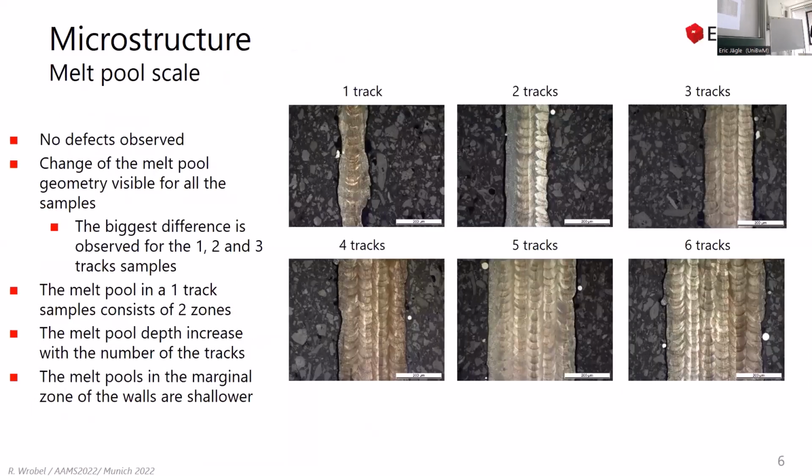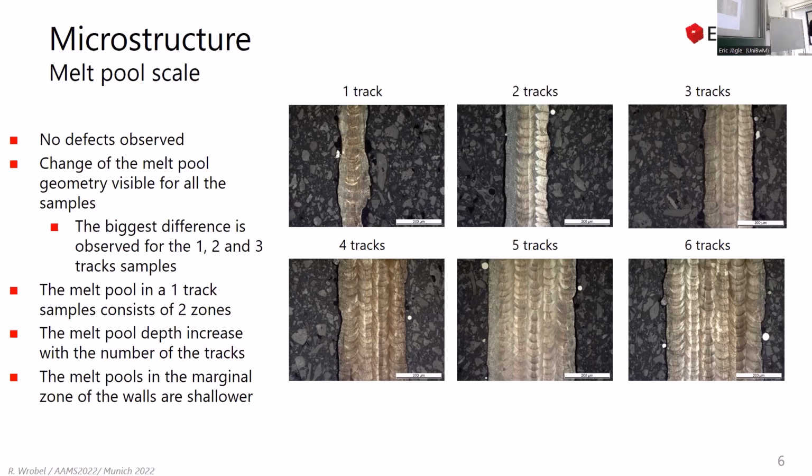So looking at the cross sections and the melt pool, or in general the morphology, we can see that 1 track and 2 tracks are the least stable in terms of geometrical accuracy. The surface quality improves with the number of tracks, or actually stabilizes from 3 tracks, and all the thicker walls are more or less equalized.